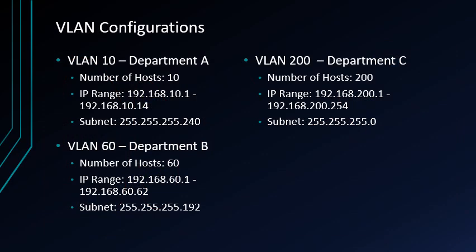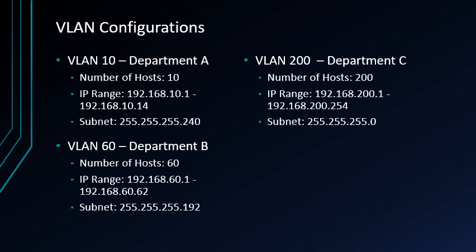And for our VLAN configurations, for VLAN 10 for Department A, we had 10 hosts, and the IP range was 192.168.10.1 to 192.168.10.14, and our subnet was 255.255.255.240. And for VLAN 60, Department B, the number of hosts we had is 60, and the IP range was 192.168.60.1 to 192.168.60.62, and our subnet was 255.255.255.192.